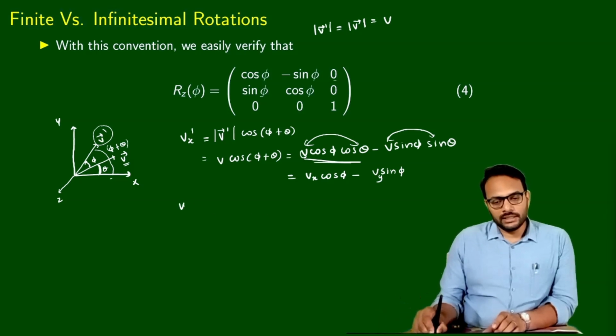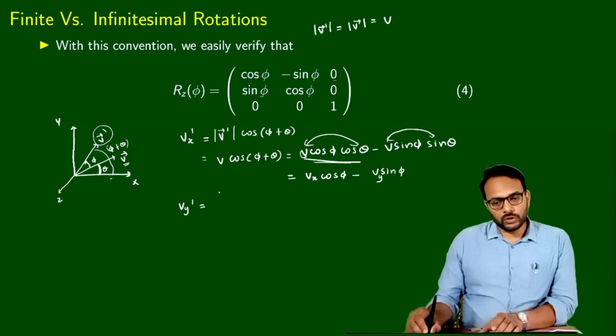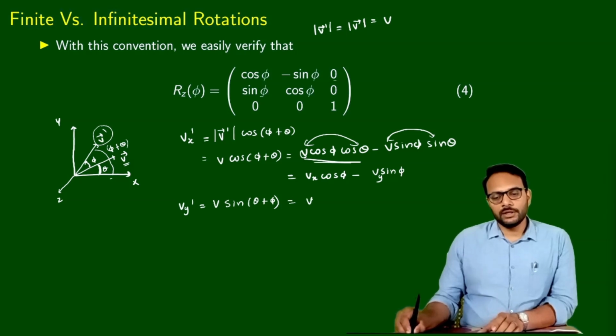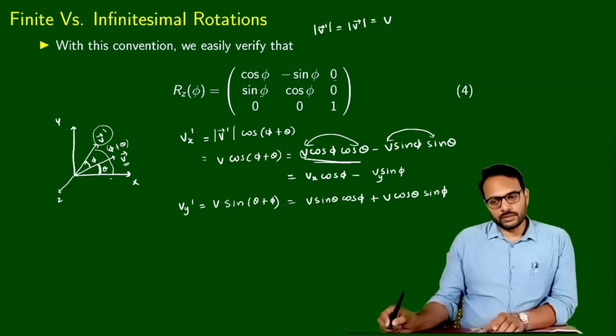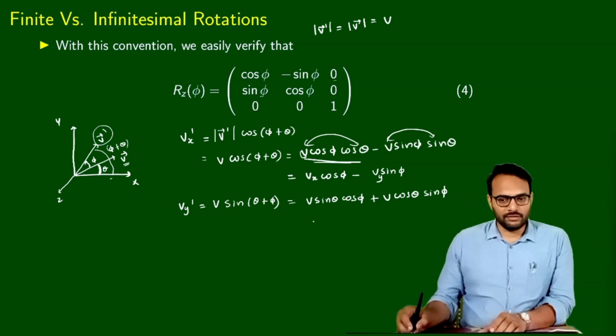Similarly, vy prime, the y component of v vector prime, is given by the modulus of v vector prime, which is the same as v, times sine of theta plus phi. Now we can again use the trigonometric identity for sine of a plus b, and this becomes v sin theta cos phi plus v cos theta sin phi, because sine of theta plus phi is sin theta cos phi plus cos theta sin phi.